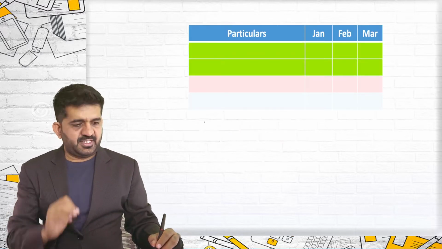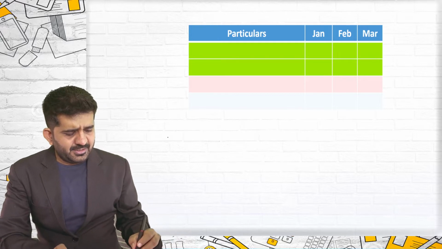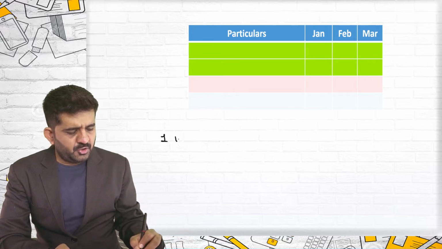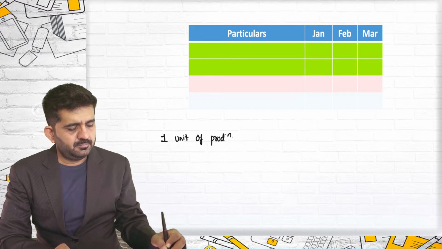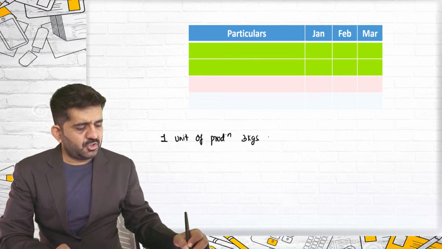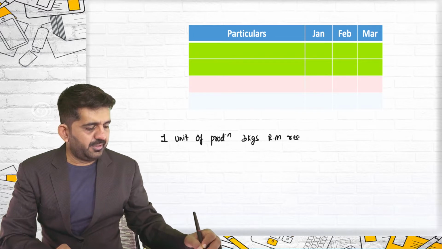Let us take the previous example only, and let us assume that for 1 unit of production, 3 kgs of raw material will be required.